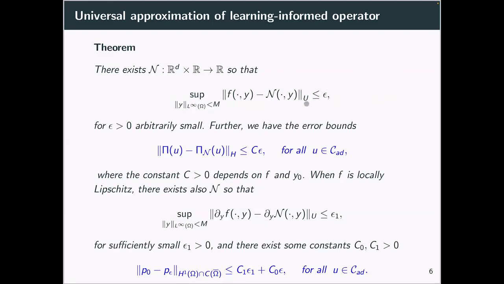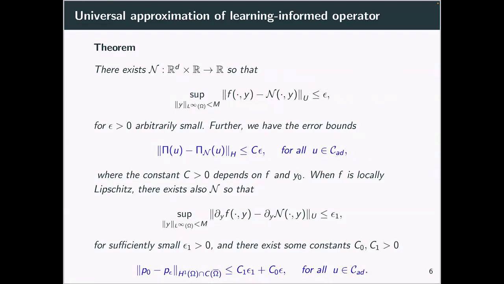Based on this approximation, we are able to prove that the solution operators also satisfy universal approximation. This C is independent of epsilon, but it depends on the bounds of the CAD here.